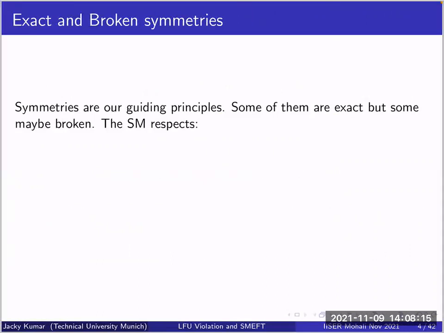Let us start from a very basic thing. As you know, in nature we have symmetries. A symmetry is some transformation which you apply on your Lagrangian, and if the Lagrangian is invariant under this, then we say that this is a symmetry of the Lagrangian. As you know from Noether's theorem, symmetries give rise to conservation laws. So for a given symmetry, you have some implied conservation laws.